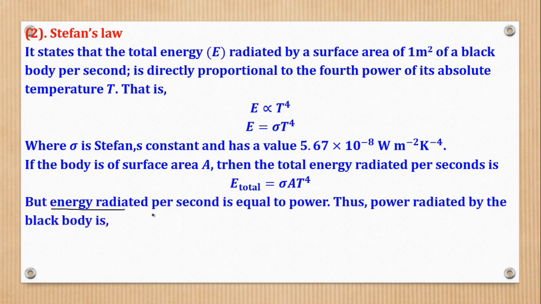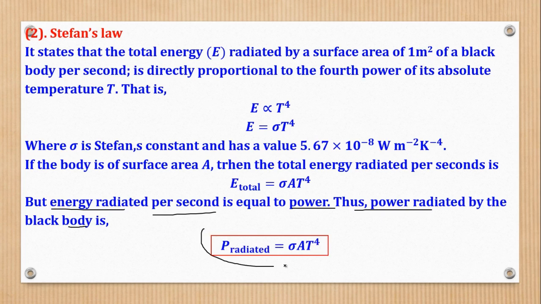But energy radiated per second is equal to power. Thus, the power radiated by the black body is given by that. So this expression is very, very vital. We're going to use it more frequently. So you should remember that power radiated is equal to Stefan's constant times surface area times the temperature raised to the power 4.